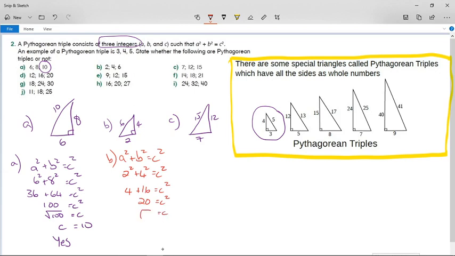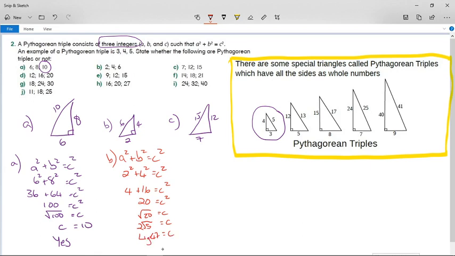So c equals the square root of 20. If you put the square root of 20 into your calculator, it gives you 2 root 5, which is the answer in surd form. In decimal form, it's 4,47 if I round to 2 decimal places.